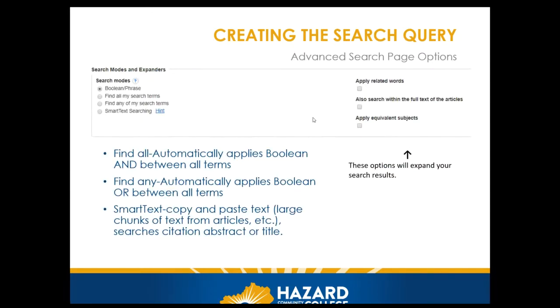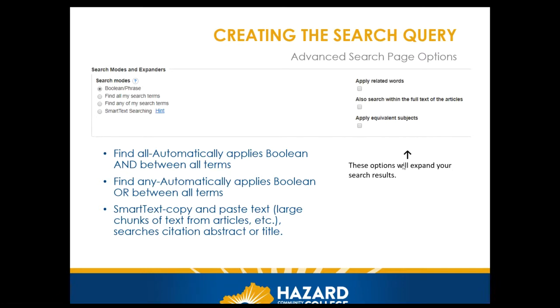Further down on that advanced search page, you'll see that you have a lot of different options before you start your search. You can select to search through smart text searching. You would copy and paste, say, an abstract or the full text of an existing article, and this allows you to do a more thorough search of the text, and it's going to pull out keywords while omitting words like a, the, or.